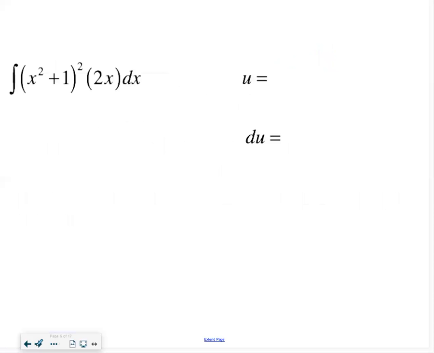I can always jump back to this if you need me to. So let's do the first one. It says integral of x squared plus 1, squared, 2x dx. This is where if you have different colors, I'll start to underline or highlight different colors up here.